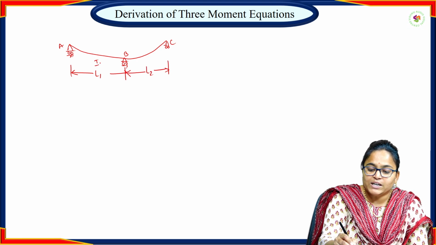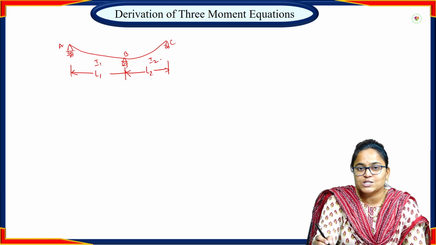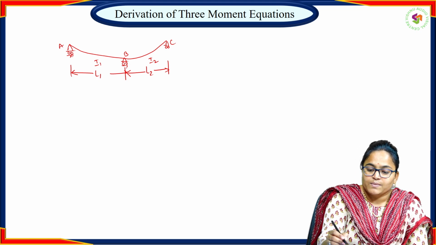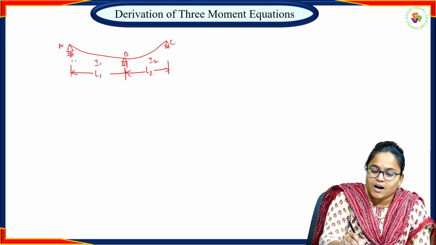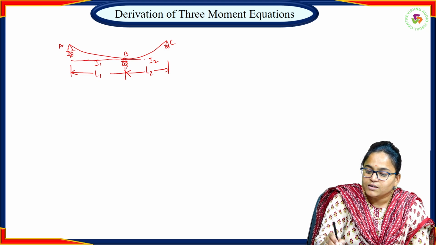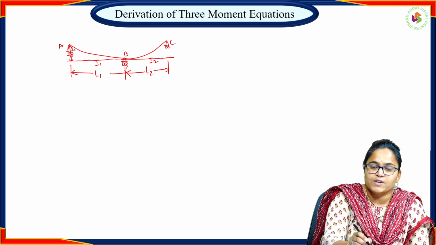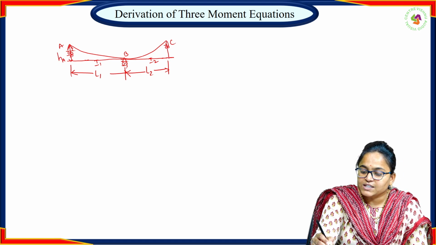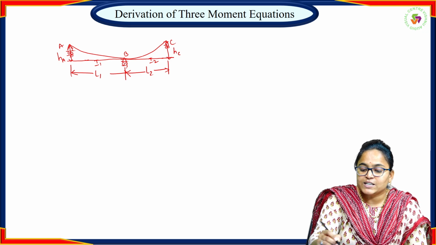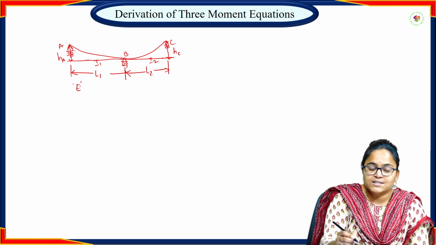Now let us assume the moment of inertia of AB span as I1 and the moment of inertia of BC span as I2. Now let us consider a horizontal line passing through B, the deflection of A with respect to B as HA, and the deflection of support C with respect to support B as HC. Now let us consider E as Young's modulus.